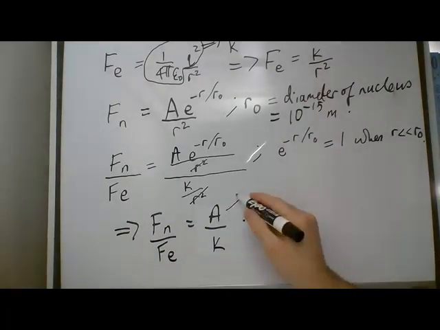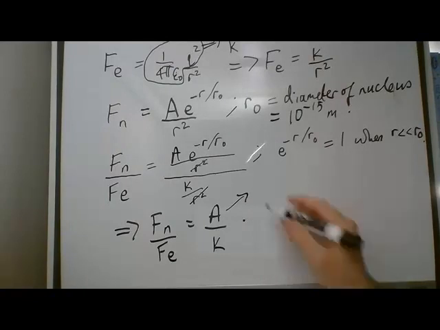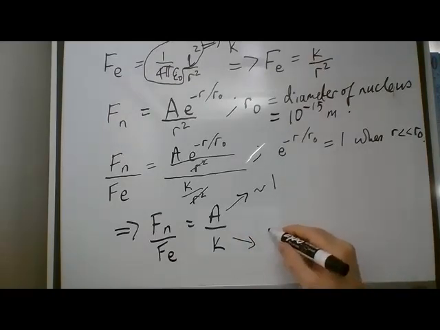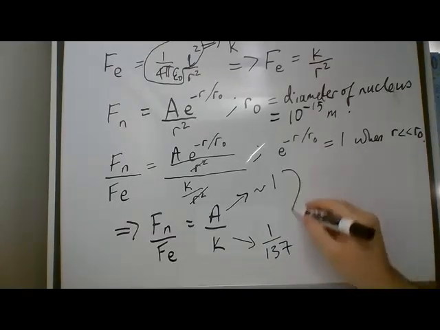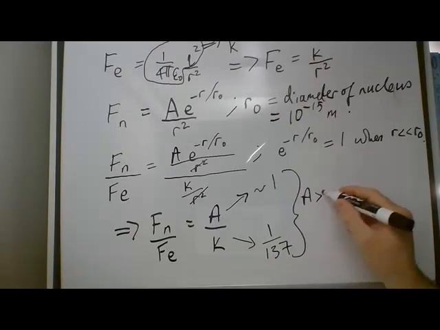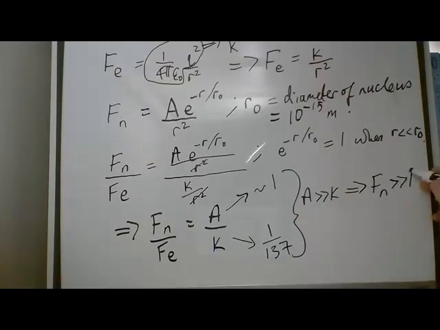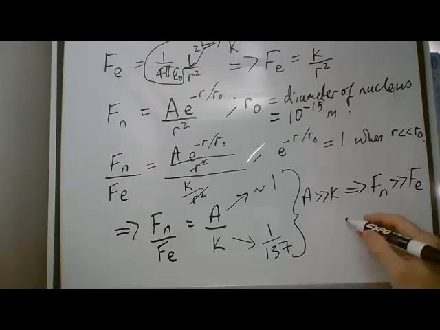Now A, the constant from the nuclear force, let's say is about 1. K, the constant from Coulomb's law, is about 1 over 137. So we can see that A is a lot larger than K. What does this mean? This means that the force in the nucleus is a lot greater than the force due to Coulomb's law when you're inside the nucleus.